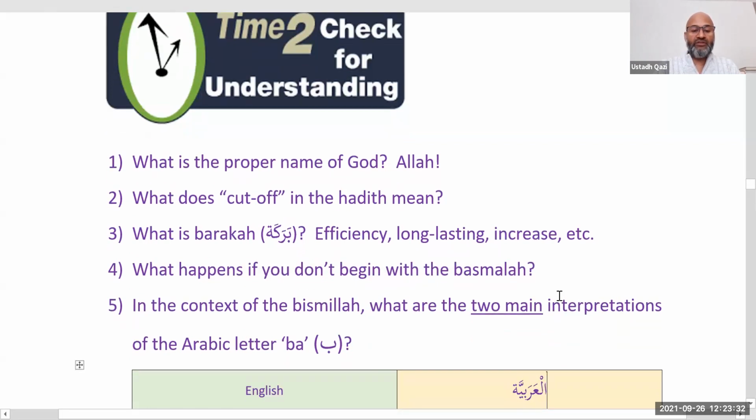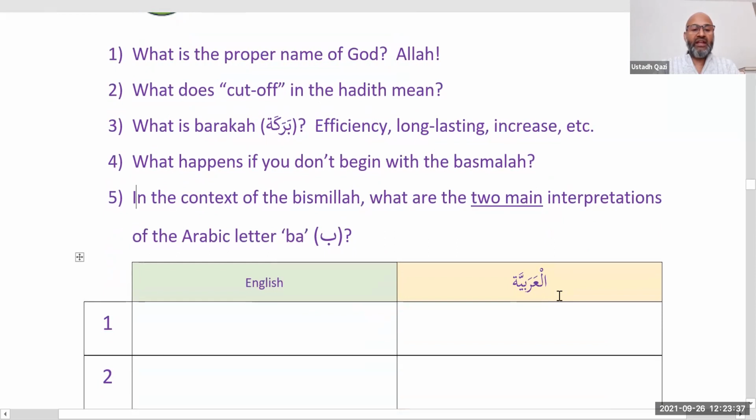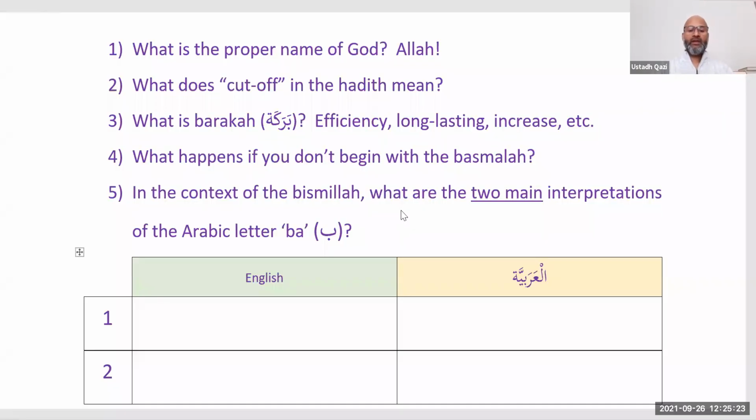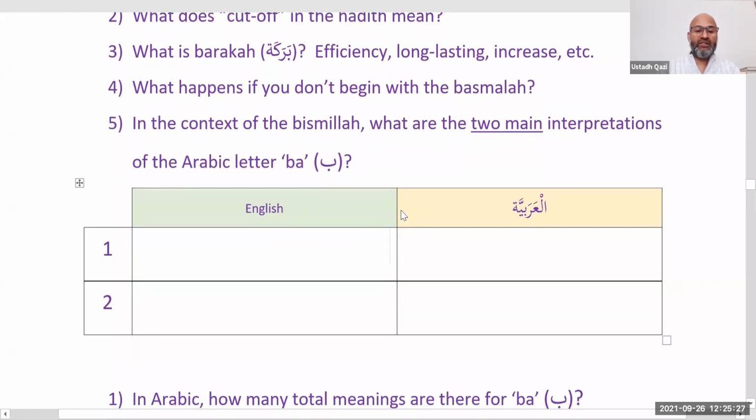In the context of the Bismillah, what are the two main interpretations of the Arabic letter Ba? Here, if you have printed this workbook, write down in English and in Arabic, tell me the words. So write down here both al-isti'ana and al-tabarruk, as you saw in the previous.